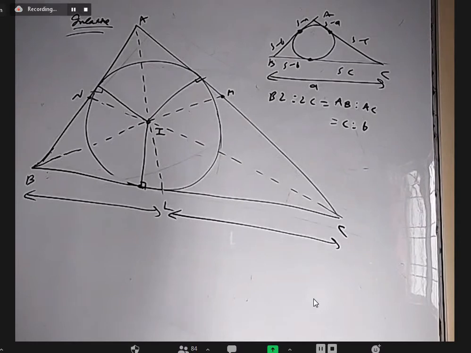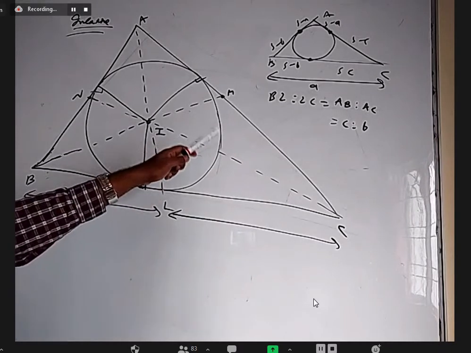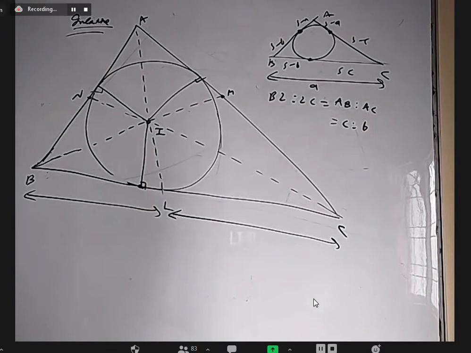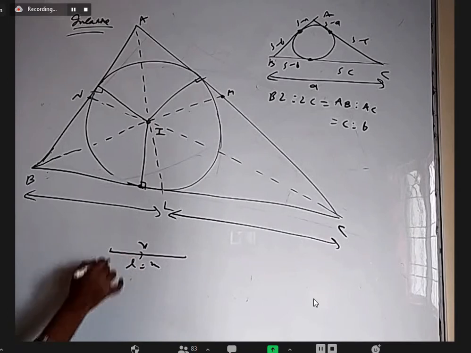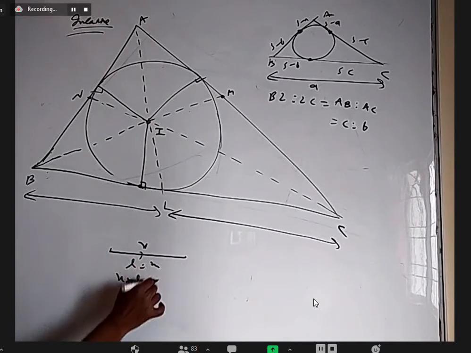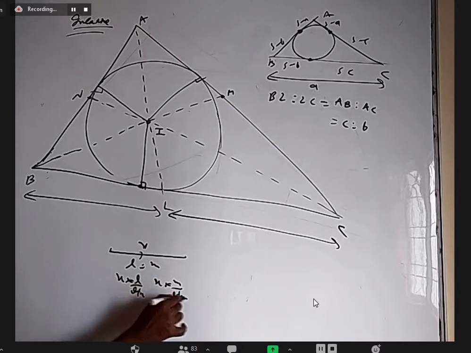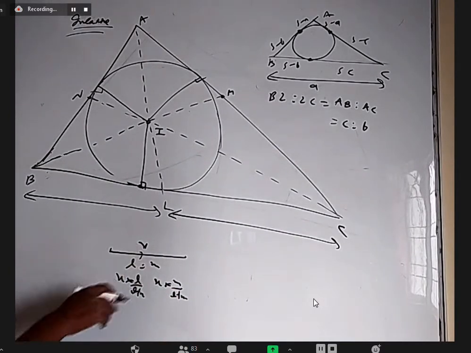Tell me what is BL length in terms of sides a, b, c. The total BC length is a. What is BL length? What is LC length? You can use that ratio that L divides BC in the ratio c is to b. Just now I gave an idea: if this length is X and you want to divide it in the ratio L is to M, this part will be X into L by L plus M, and the other part is X into M by L plus M. You are clear about that, right?